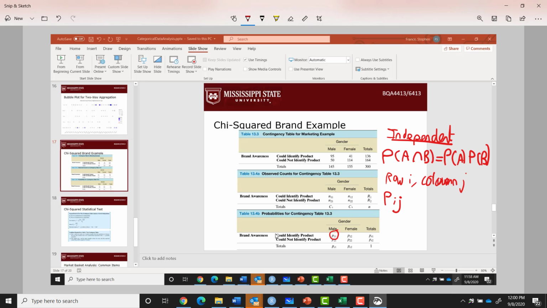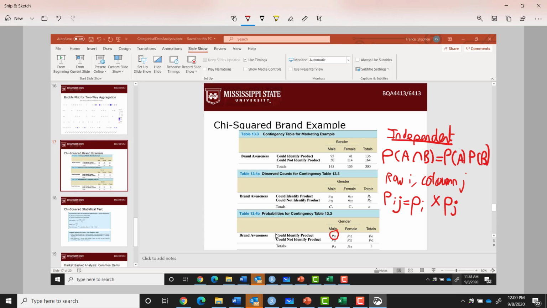There is going to be the probability of i times the probability of j. Just the two independent probabilities. The probability of these should be proportionate if we're independent. So this could be proportionate to the number of males times the people who could identify.